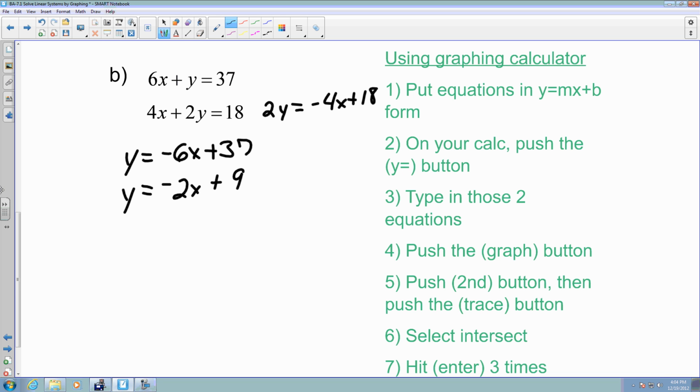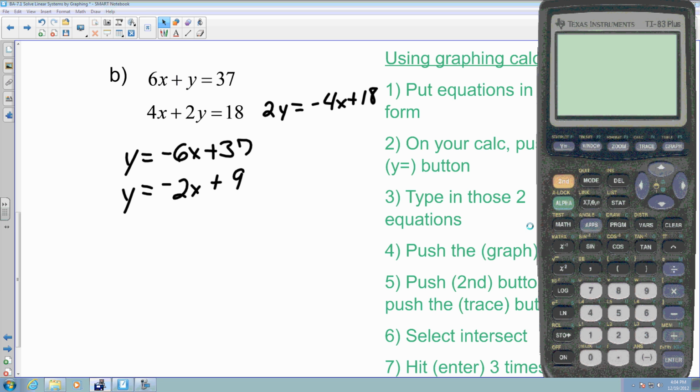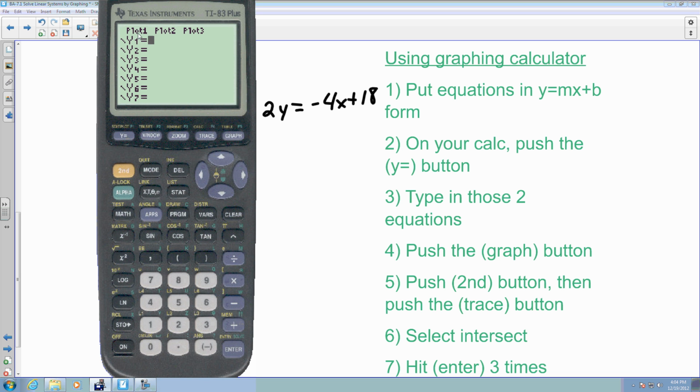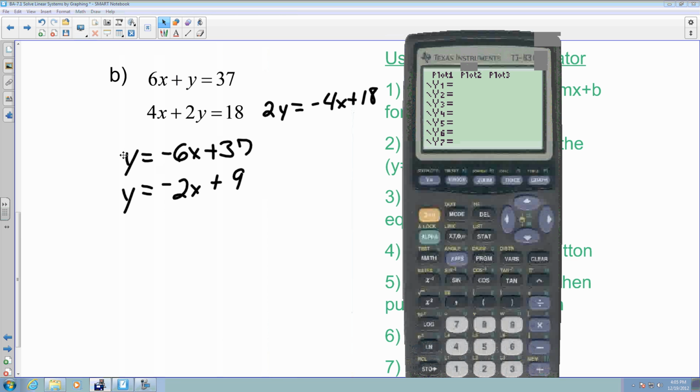Second, I go to my calculator, and let's see if I can get my calculator. Here it is. I'm going to turn it on, and push the y equals button. See the y equals button, right here where my cursor's at? I'm going to click on it. It gives you a y equals already, so all you have to do is punch in these values.